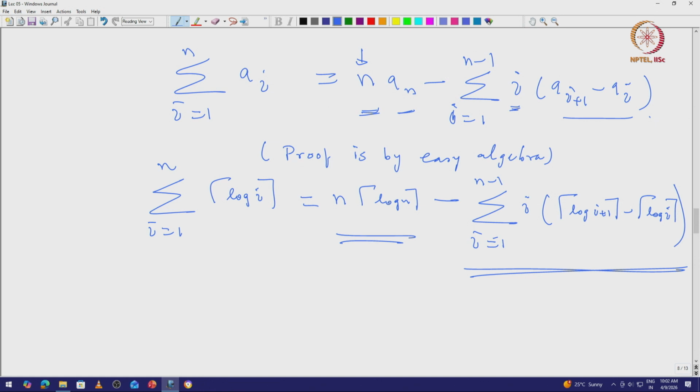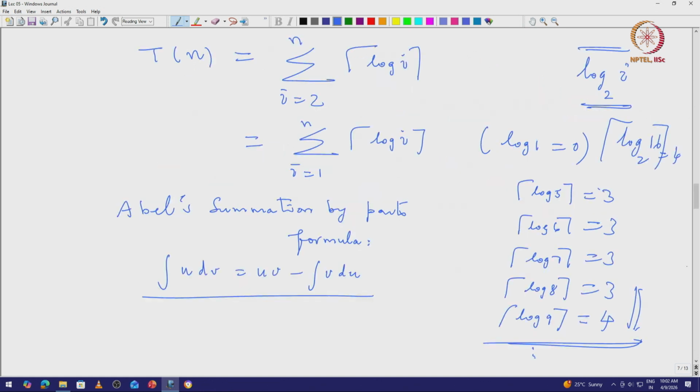When it is a power of 2, let us say what is ceil log 16, that will be 4. But what about ceil log 17? This will be 5. When i is a power of 2, they differ by 1. When i is not a power of 2, they are same.